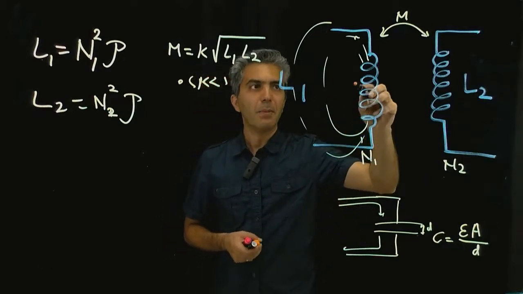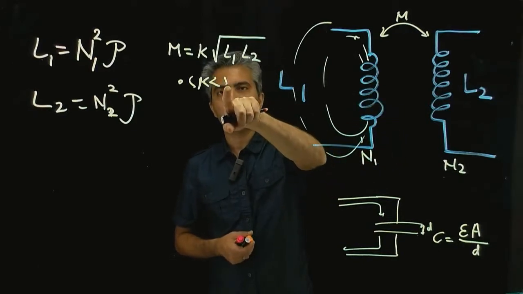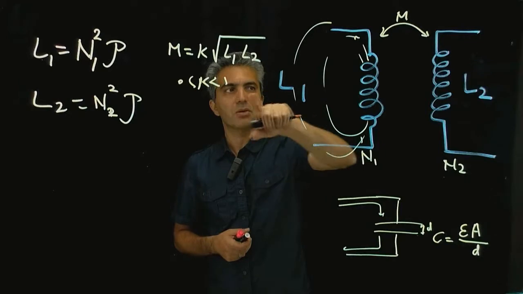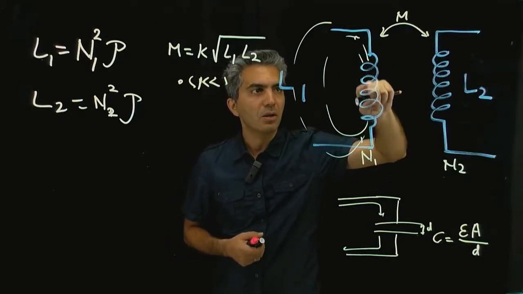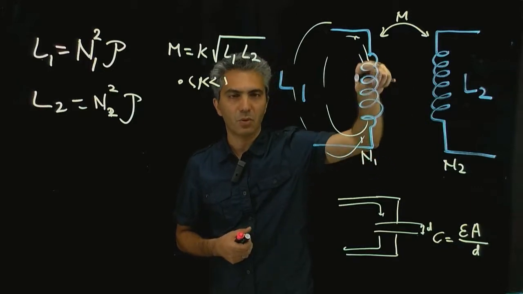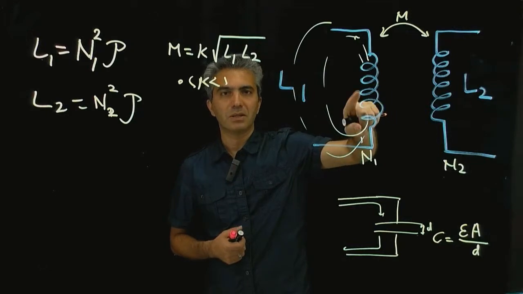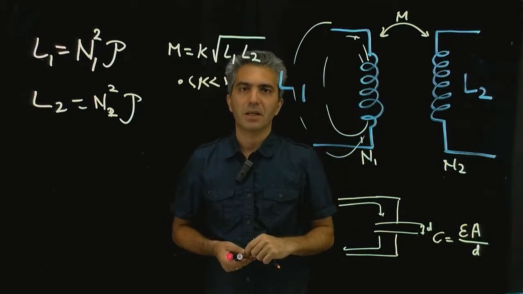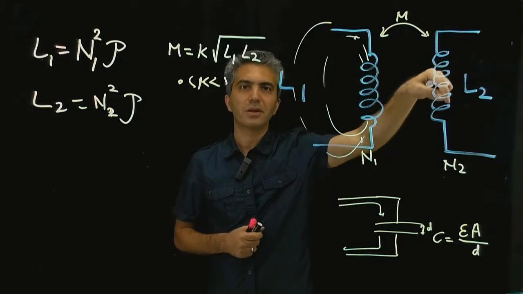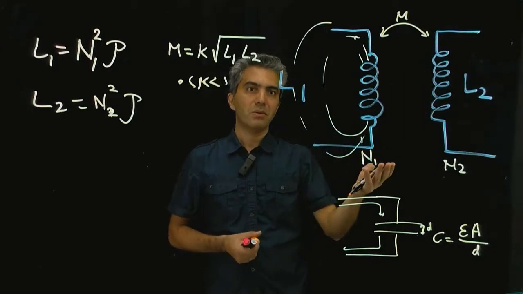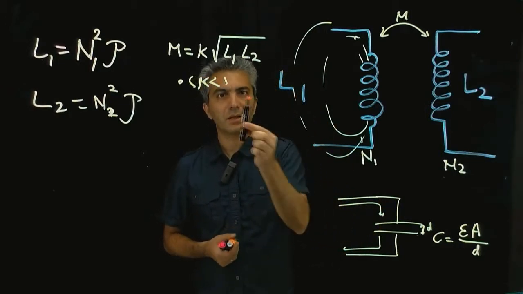We never really reach 1, and we never really reach 0. But assuming we're really close to 1, it means that all of the magnetic flux that we have in one as a result of the current passing through it is going to couple to, in other words pass through, the other one. That is an extreme that is never going to happen, but there are ways to get close to it.